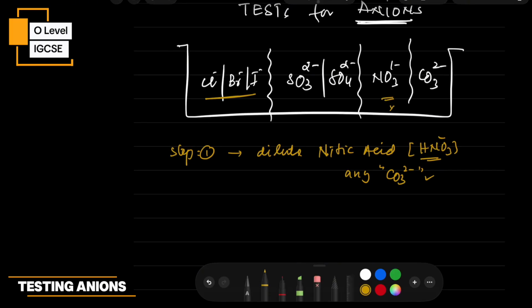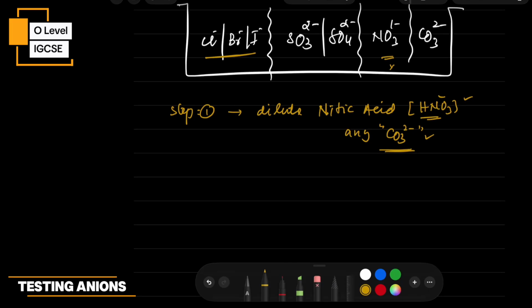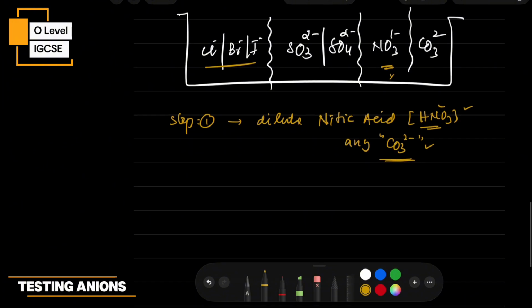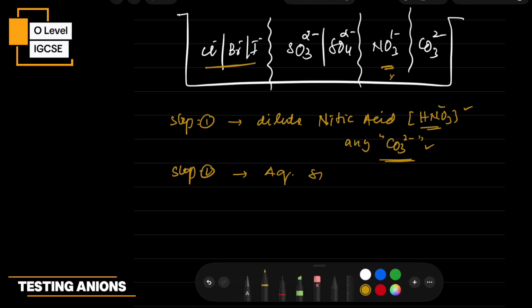So in most cases except nitrate, the first step is the addition of HNO3. In step 2, for halide ions, we are going to add aqueous silver nitrate solution.